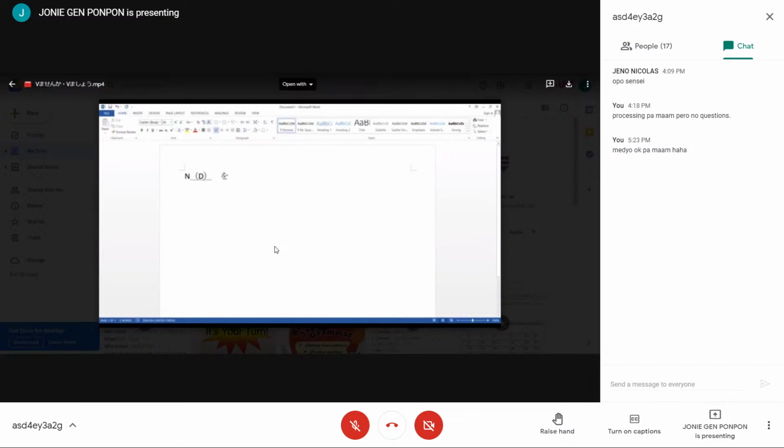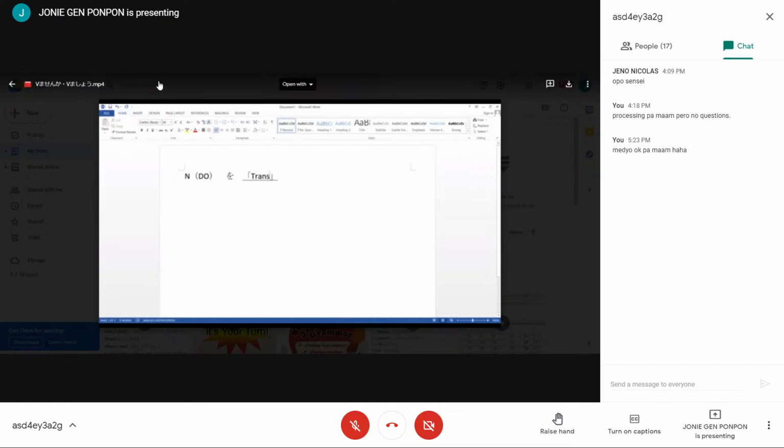What is the object to be eaten? For nomimas, meaning to drink, what is the object to be drunk? Mga ganon. Ito, direct object. So the noun here is a direct object. And then o, ito, transitive verb.